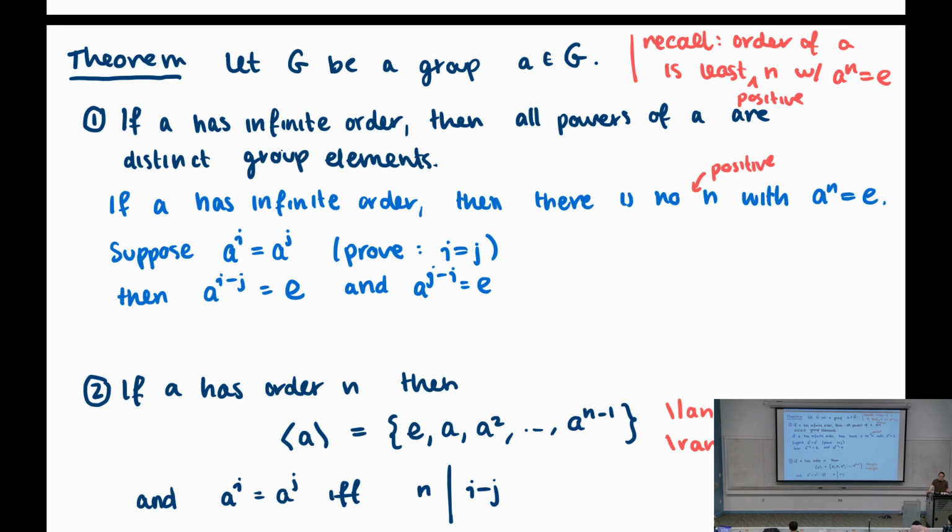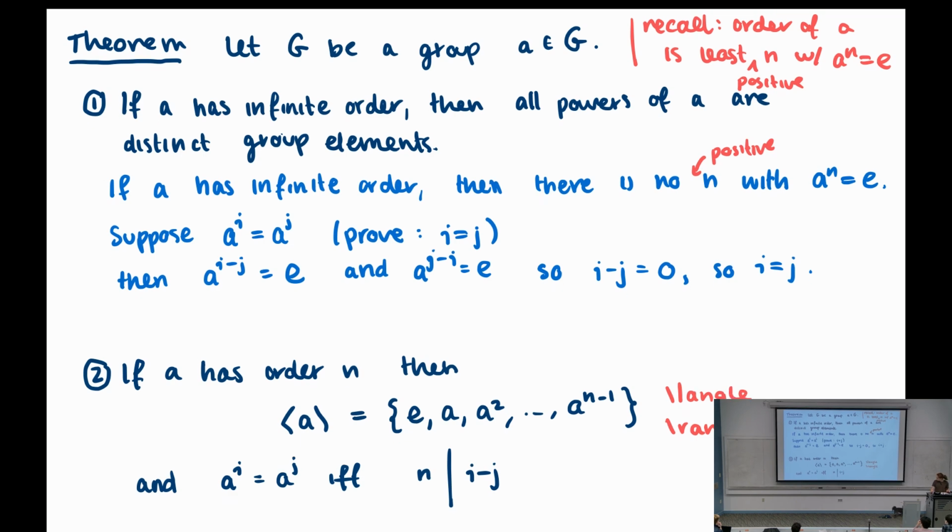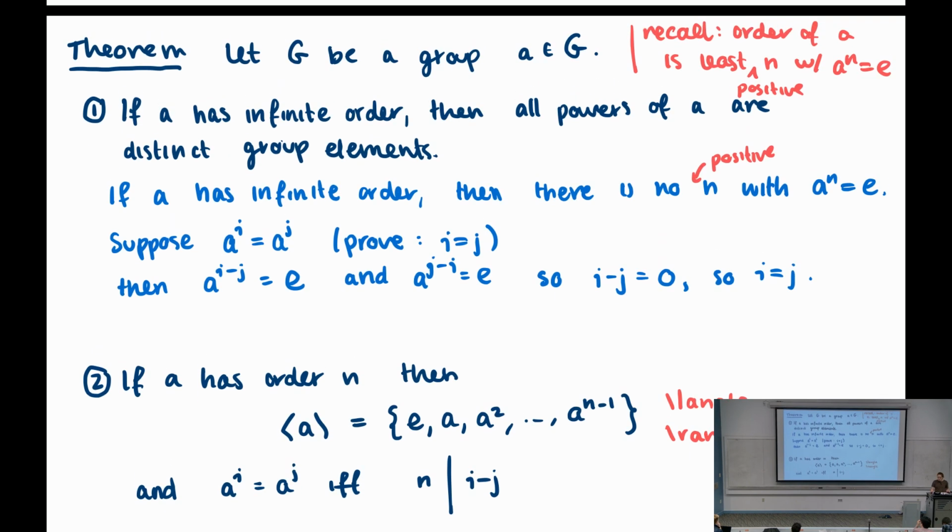So neither of these two numbers, i minus j and j minus i, is positive, so we must have that i minus j is equal to 0. So i is equal to j. We've shown that if some power of A is equal to another power of A, then necessarily the exponents on those two powers are also equal. So that shows that all powers of the subgroup generated by A are distinct group elements. Are there questions about this part of the proof?